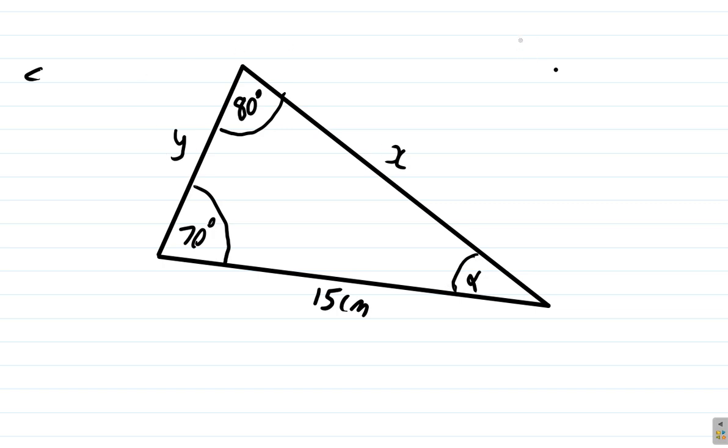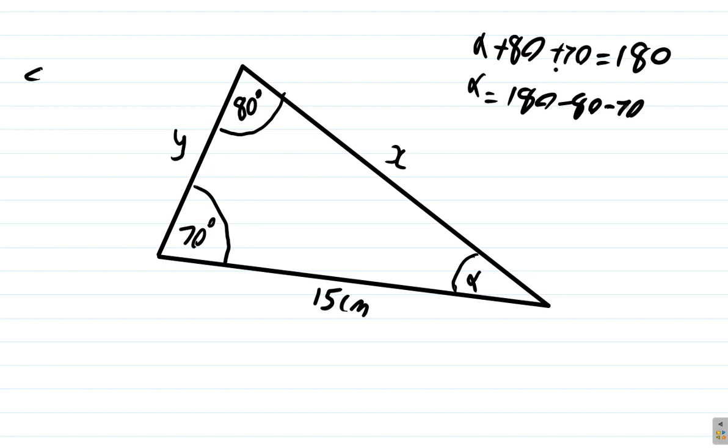What is angle alpha? Well, we know that alpha plus 80 plus 70 gives 180. So alpha would be 180 minus 80 minus 70. 180 minus 80 is 100. 100 minus 70 is 30. So alpha would be 30 degrees.